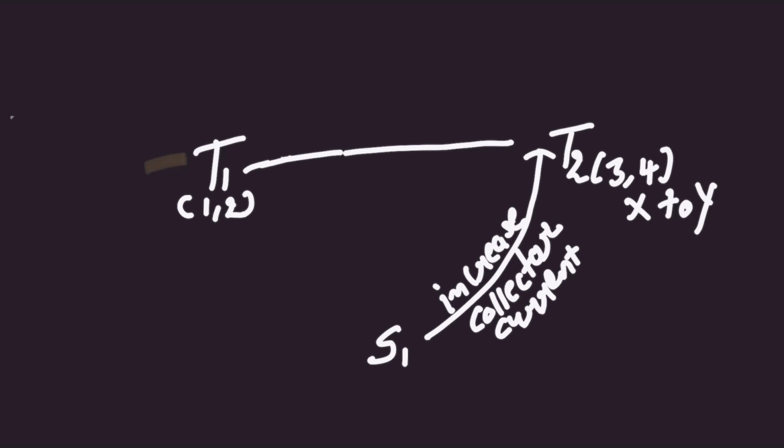Two coils T1 and T2 are wound on the same core for mutual inductance. And one more thing should be noted, that base emitter junction should be forward biased and base collector junction should be reverse biased for this procedure.